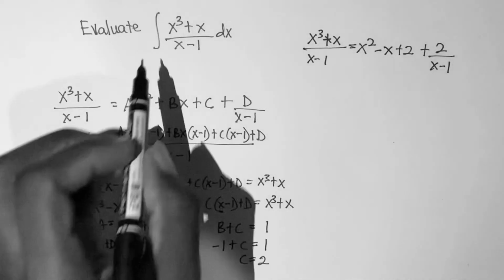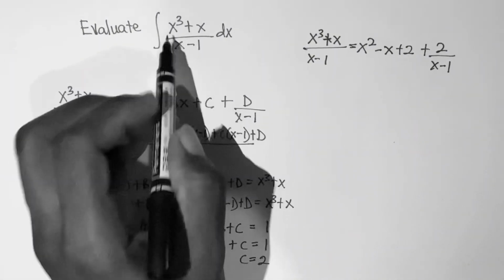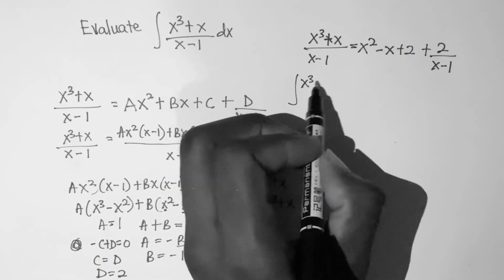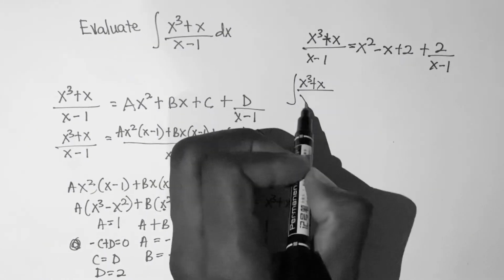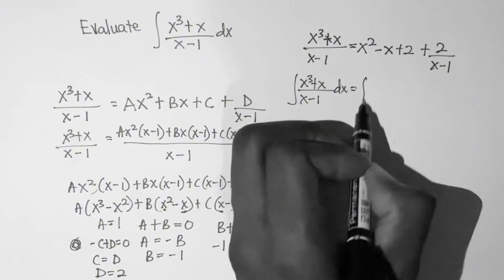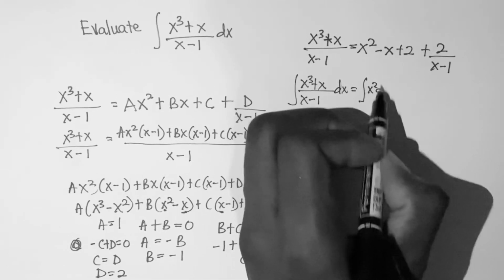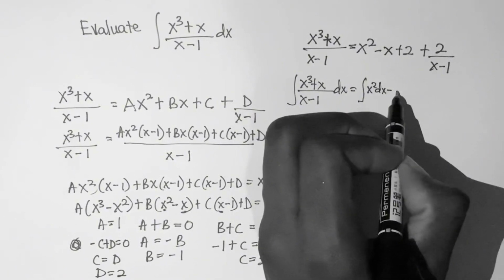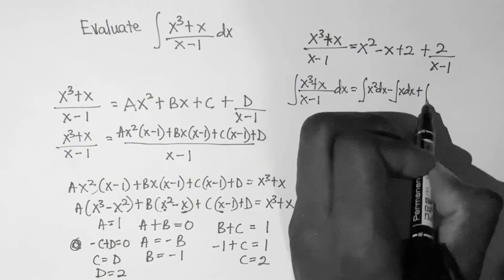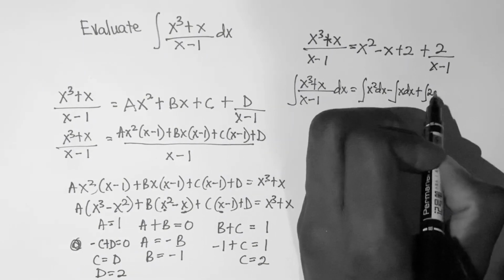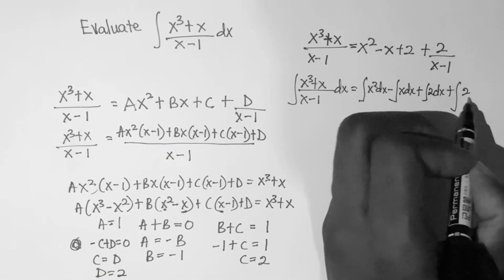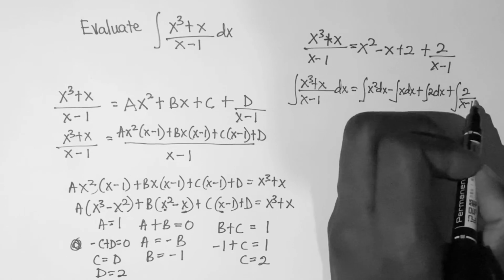This means that the integral of x cubed plus x divided by x minus 1 dx can be written as the integral of x squared dx minus the integral of x dx plus the integral of 2 dx, then plus the integral of 2 divided by x minus 1 dx.